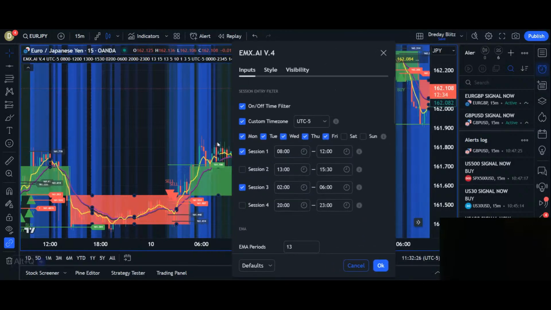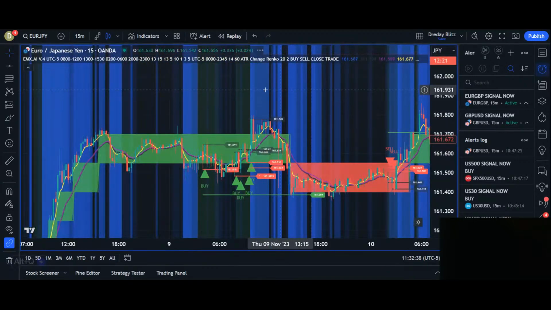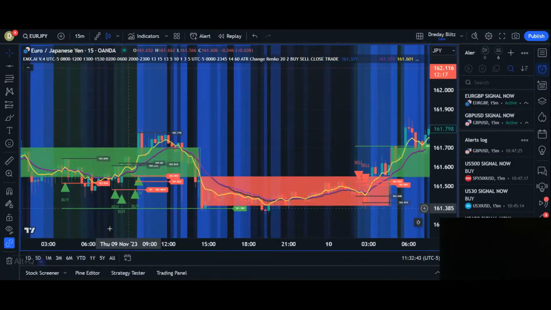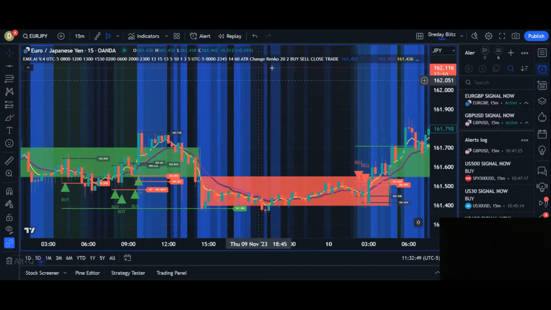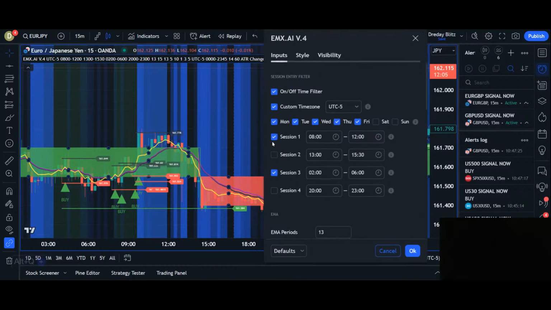So let's look at the price here. This is London, and this is New York. You're going to see that those entries here will be removed based off of the filter. So let's go back on the settings for the filter, and you're going to see that when I remove this, those signals will be removed.